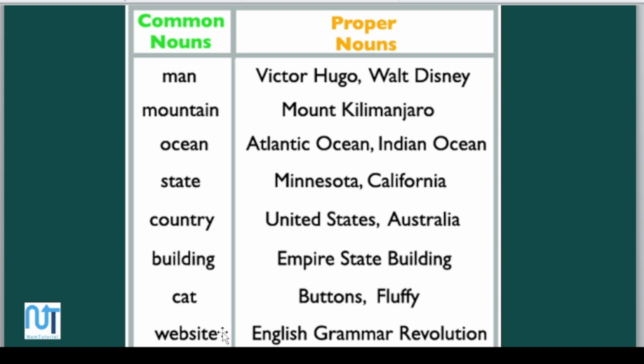We have thousands of websites. It's a general term, children. But English Grammar Revolution, YouTube, they are particular websites. Hence, it's a proper noun. Hope now it's 100% clear to you, the difference between common noun and proper noun.